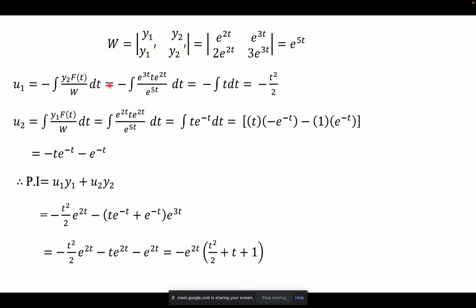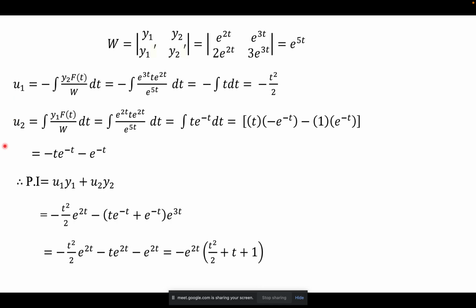So y2 is e^(3t), and f(t) is t times e^(2t), and in the denominator you have e^(5t). The powers of the exponential in numerator and denominator cancel each other, so you have minus the integral of t dt, which is minus t² by 2. So the value of u1 is minus t² by 2.